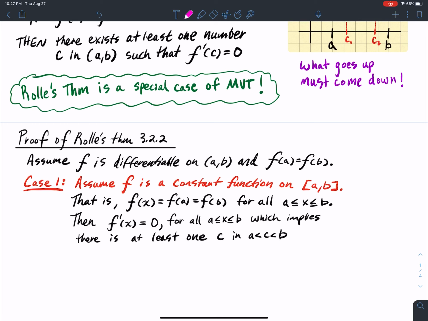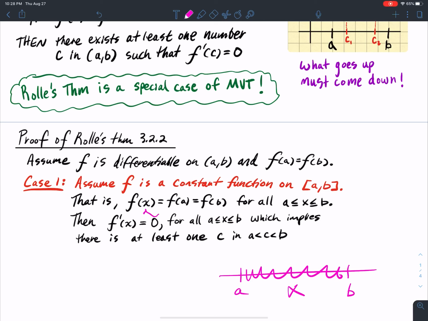That implies that there is at least one c between a and b, because we're saying all the c's between a and b work, right? So therefore, at least we can pick one. You think about it. If I'm saying from a to b, that every x value that I can think of in here works, right?